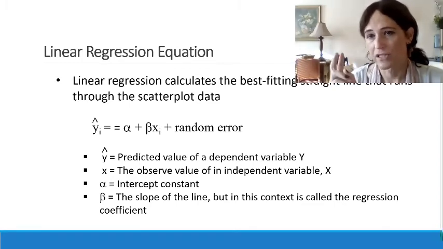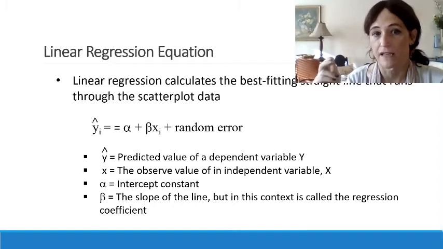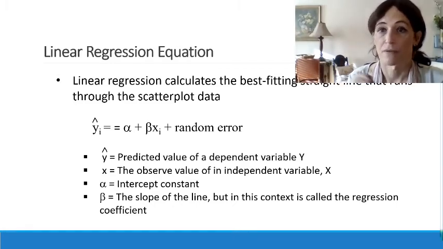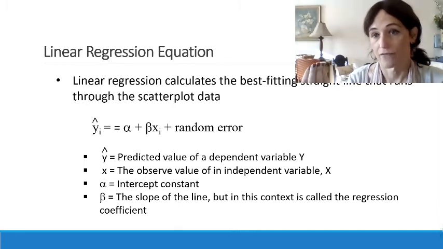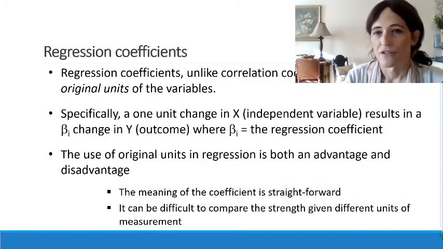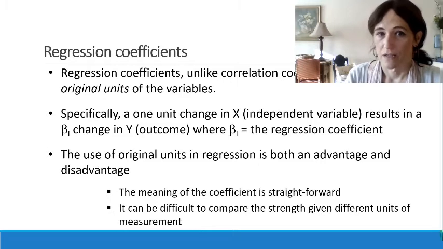When we actually calculate a predicted value of y, we would simply take the intercept plus the coefficient multiplied by the value that we have for that observation. So regression coefficients, unlike correlation coefficients, are in the original units of the variables.